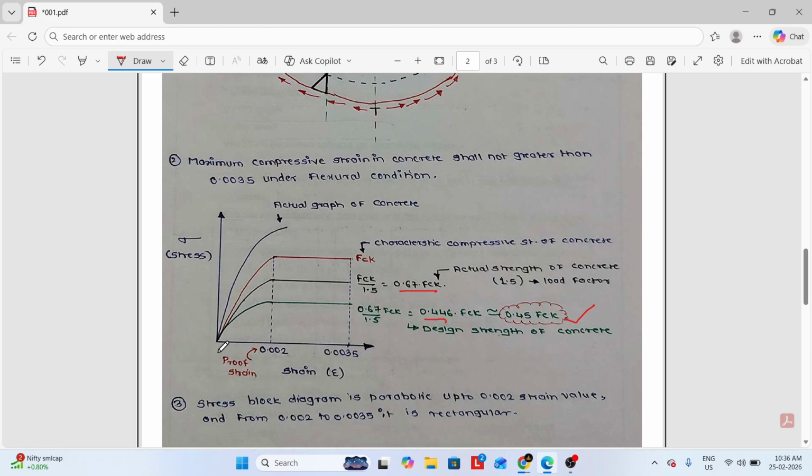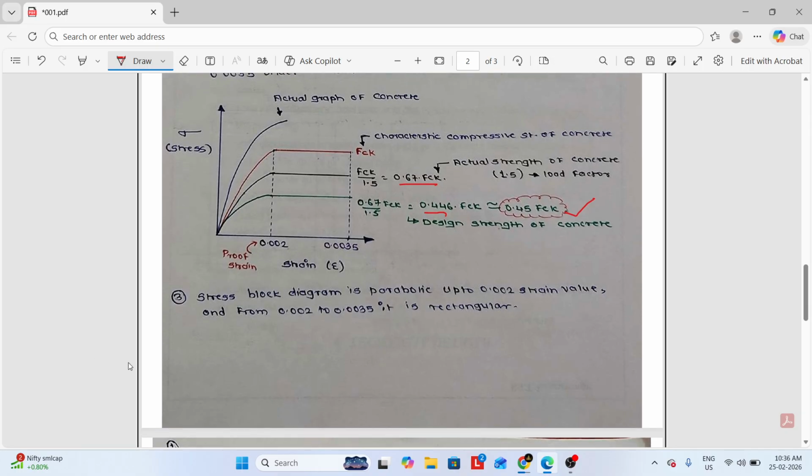Up to the proof stress the graph is changing, and up to 0.0035 it is constant.